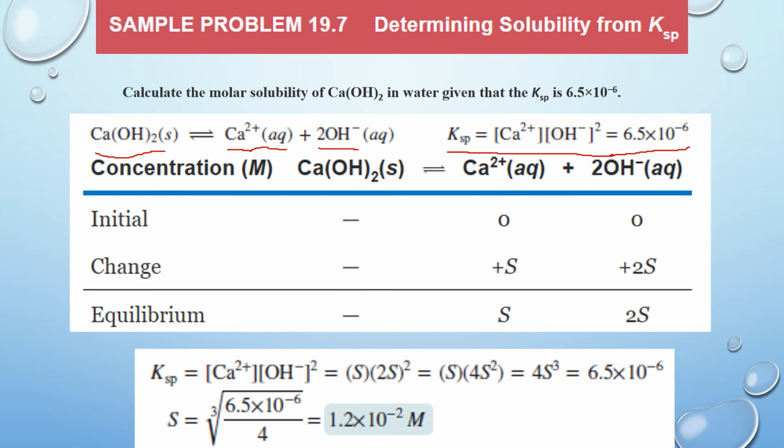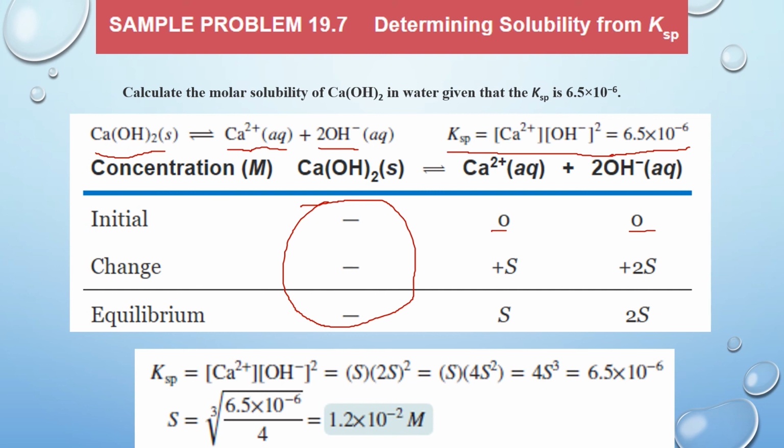So now we can list the ICE table. Here we don't worry about the concentration of the solid because it's not shown in our expression for KSP, so we don't need to care about it. For the calcium and hydroxide, initially their concentration is equal to 0.